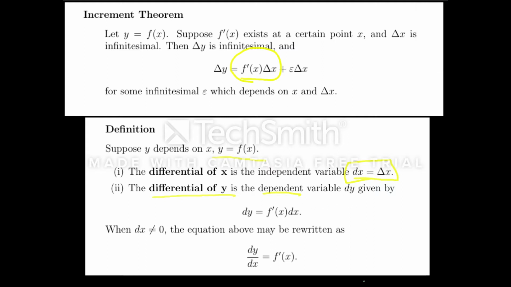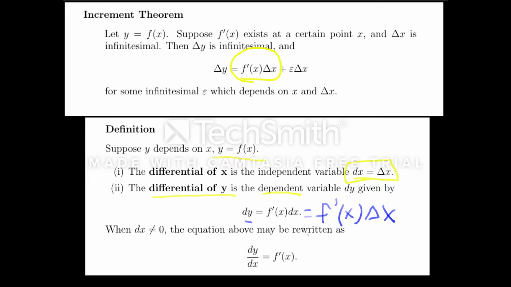So in general, we could say that this is equal to f prime delta x. So when we're talking about derivatives, our differential of y will always be f prime dx. And again, because dx is associated with the infinitesimal change in x, we could think of dy, the differential of y, as being f prime delta x.